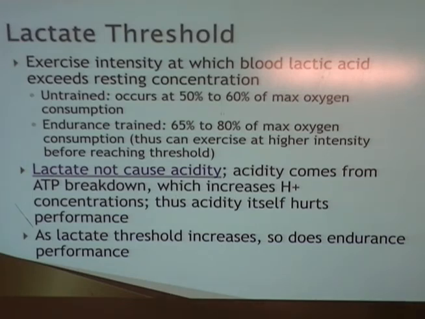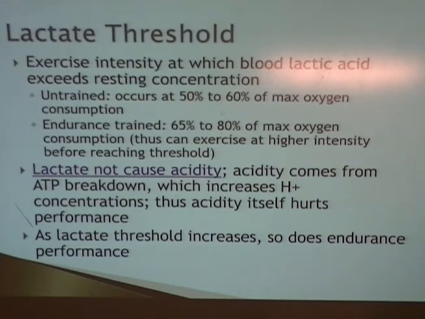So how hard can I train before we start to see lactate increasing in the bloodstream? Okay? So remember that it's not lactate or lactic acid that directly causes the acidity in the muscle cell. All right? The acidity comes from breaking down ATP and other substrates and hydrogen buildup.